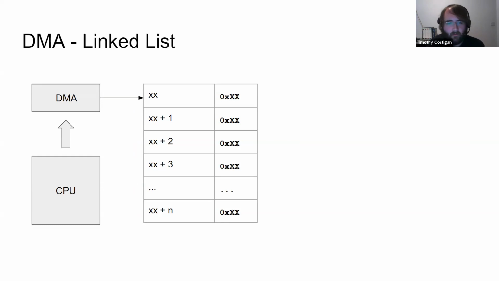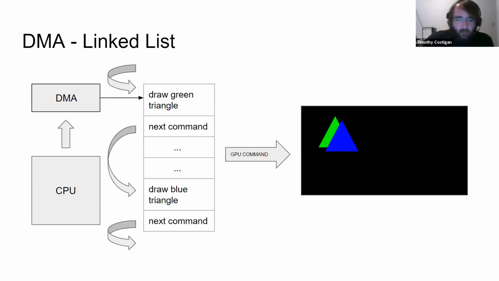The PlayStation has another DMA mode called the linked list DMA mode, and this is how it handles that rendering issue, the order of triangles. So imagine in memory you have these rendering commands, and the instruction on the PlayStation to draw a green triangle is not one instruction, it's actually 4 or 5 4-byte instructions.